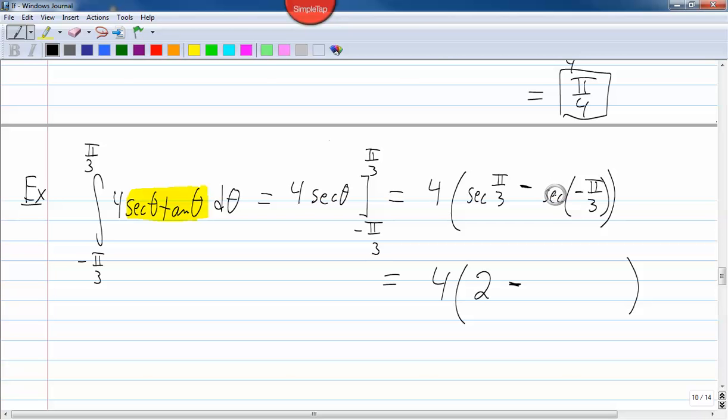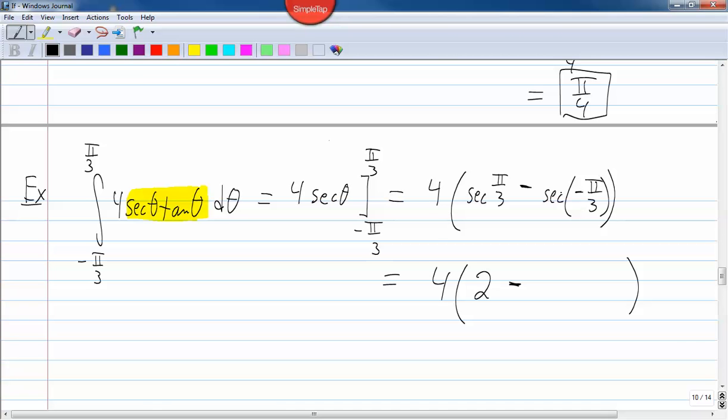For cosine and for secant, if you take the cosine or secant of a negative angle measure, you can just get rid of this negative. It can go away. So the secant of negative pi over 3 is the same thing as the secant of pi over 3.